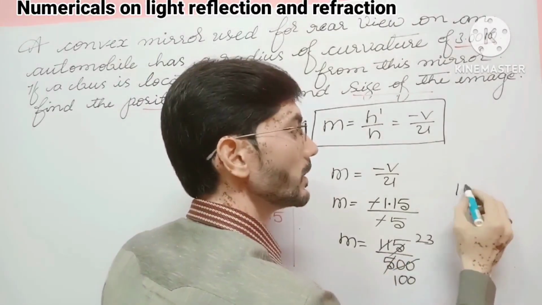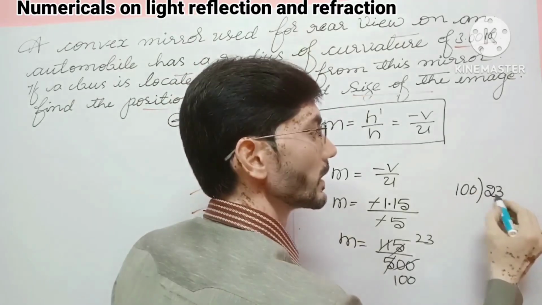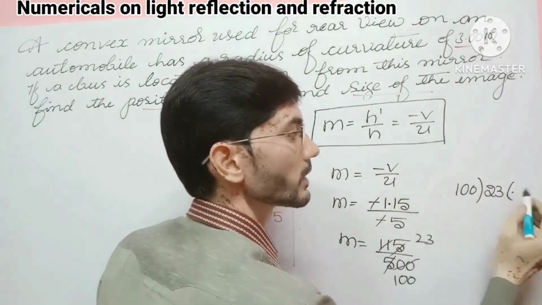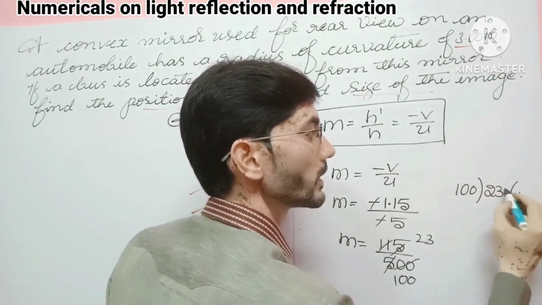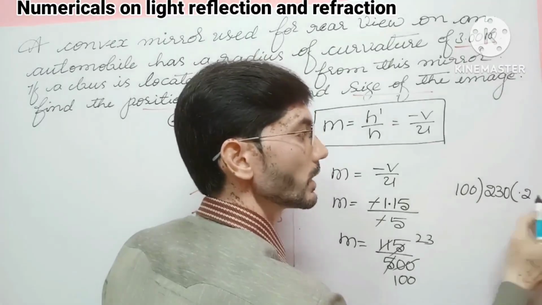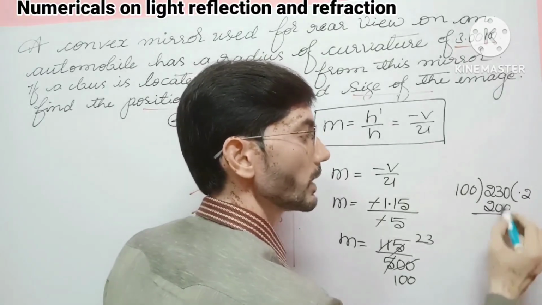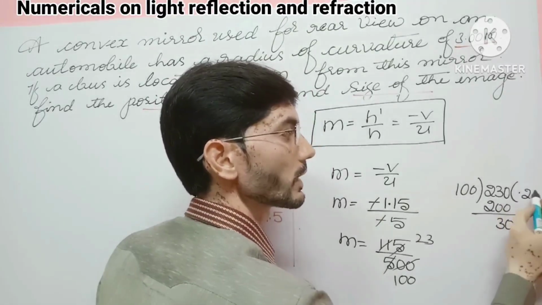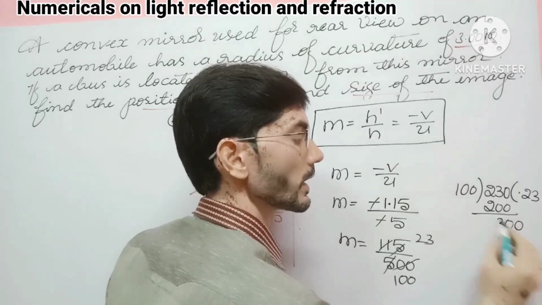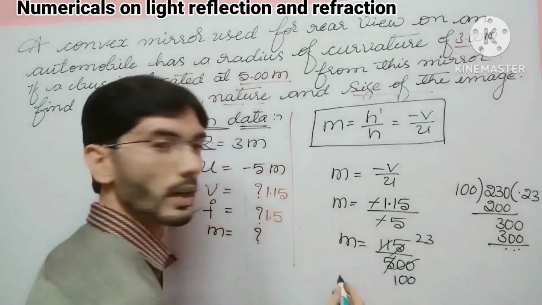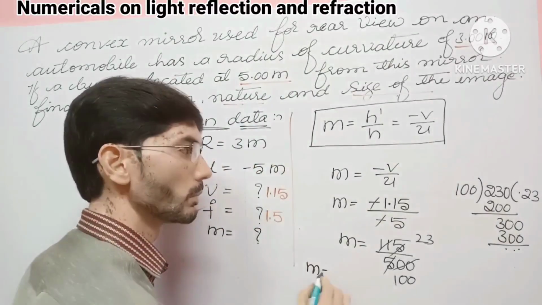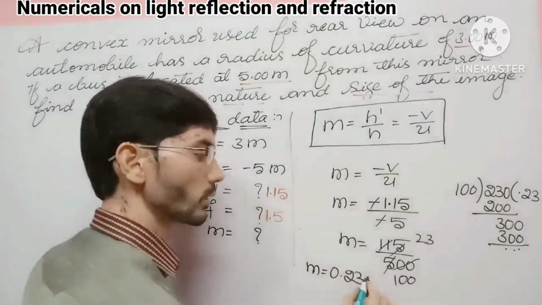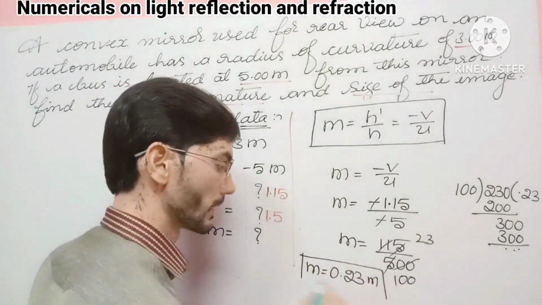Now let's divide 23 by 100. Now we have to put the point, and here 0, 100 2s are 200. Now what is left? 30. Already the point is there, so one more 0 here you take, and 30 becomes 300. 100 3s are 300. Now 0, 0. And the final answer we have got: M is equal to 0.23.